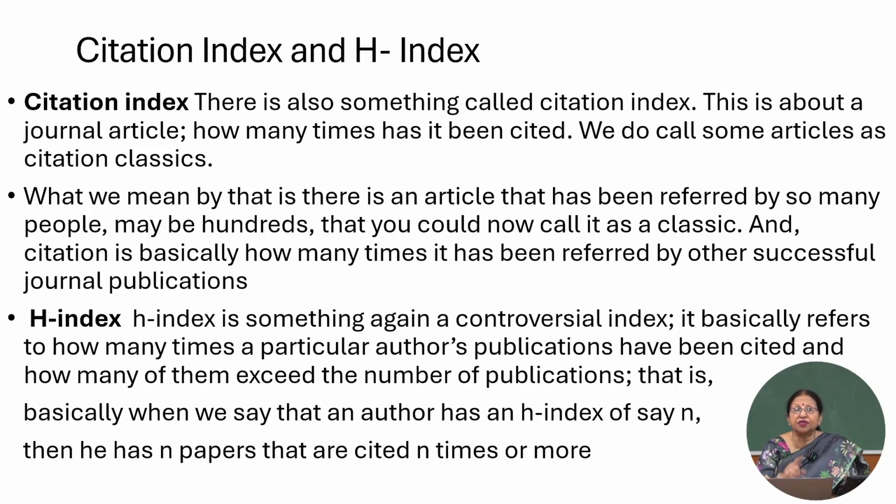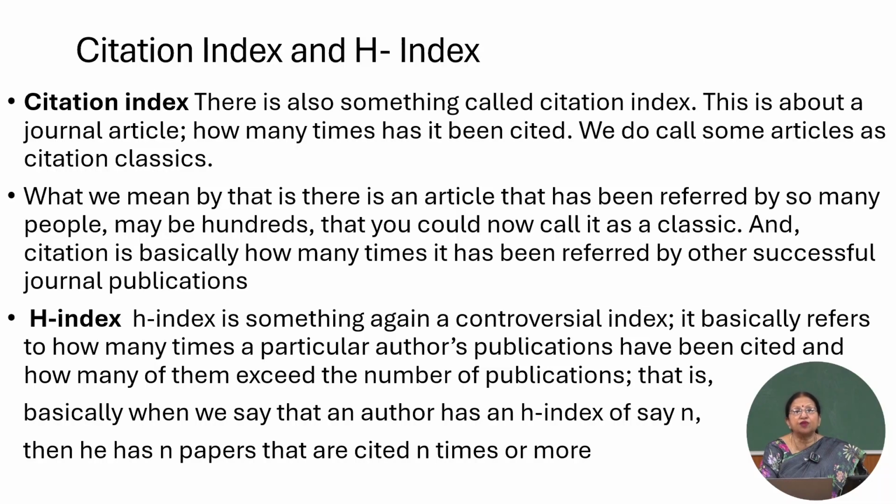It means that that particular paper has been mentioned in that many articles in different journals, could be the same journal, could be different journals, which means that it is a popular article. There is an article that has been referred to by so many people, maybe hundreds, that you could now call it a classic. And citation is basically how many times it has been referred to by other successful journal publications.